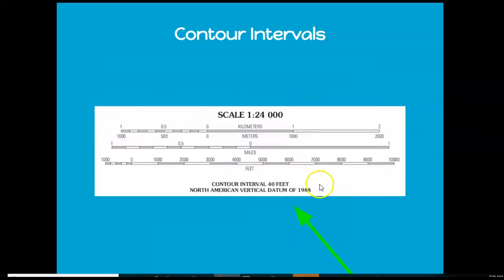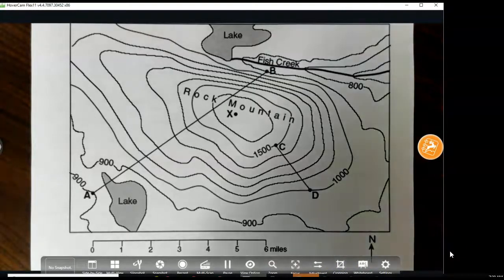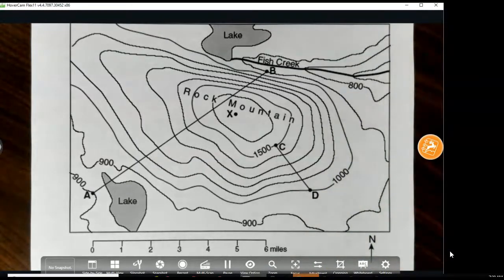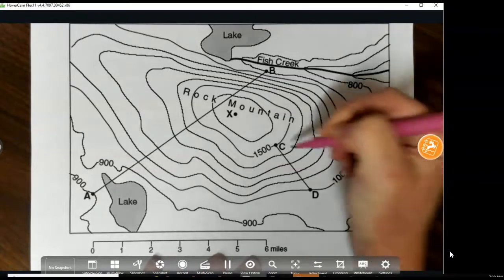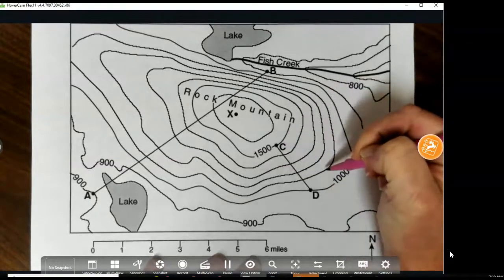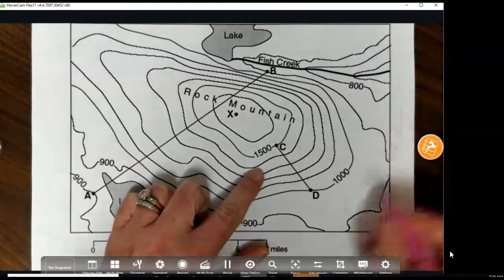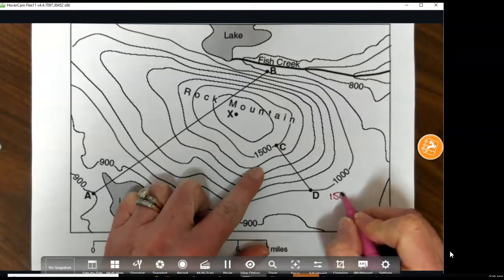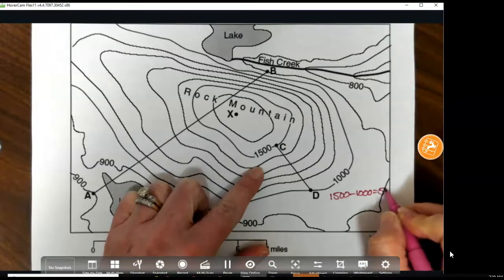Usually the contour interval is given on the map, but if it's not, you need to be prepared to actually solve for it. Now let's look at an actual map and see if we can put this into practice. On my map, I have some contour lines, right? I have an index contour of 1,000, an index contour of 1,500, and several lines in between. To find the contour interval of this map, I take 1,500 minus 1,000, so it's 500.